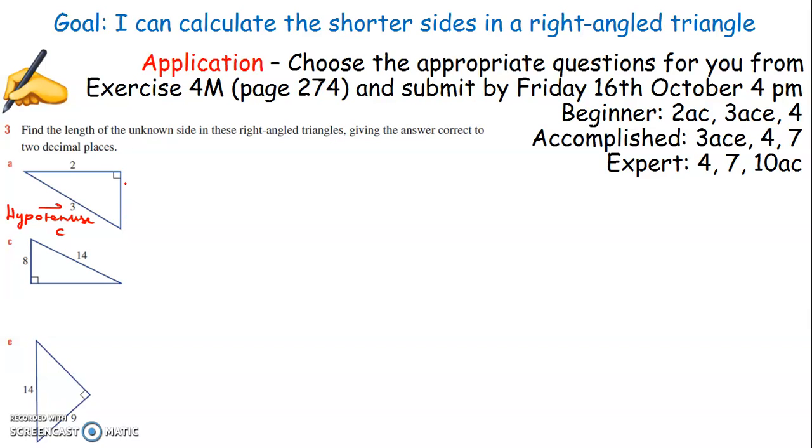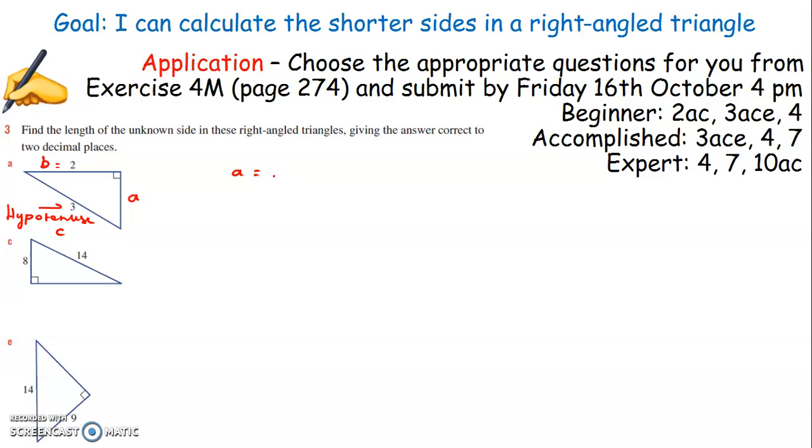Now, let's call this one A, okay? Because remember in our Pythagoras theorem we have three letters A, B, and C. So I'm just going to call this A, and that makes this B. So in order to find A, we have an equation.